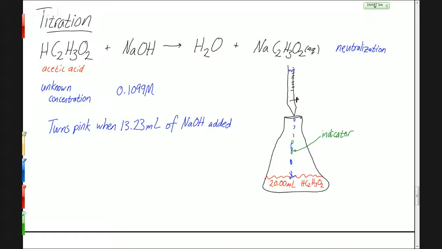So we can figure out how many moles we added of that sodium hydroxide. Remember, that 0.1099 molar means 0.1099 moles per 1 liter. So if we added 13.23 milliliters, we know exactly how many moles we added.